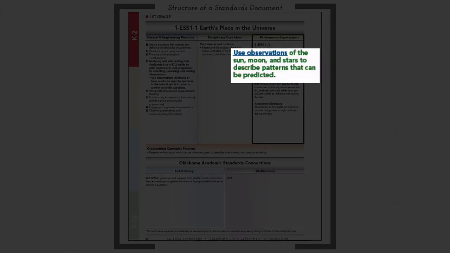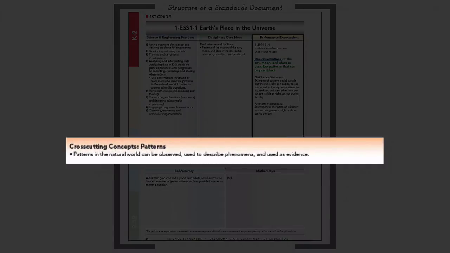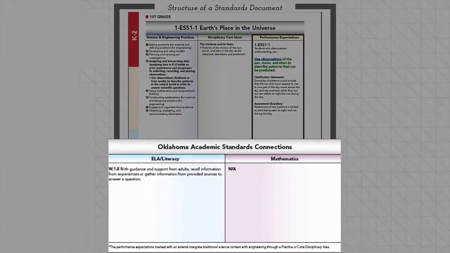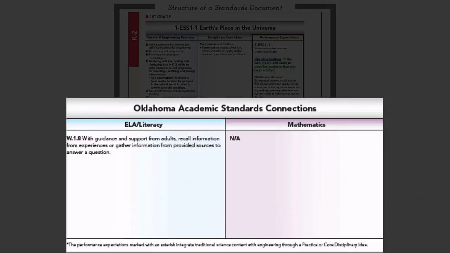We'll move back up to the performance expectation to see that students are expected to describe patterns associated with the sun, moon, and stars. So the cross-cutting concept that is connected to this performance expectation is patterns. Below the cross-cutting concepts, you will see the Oklahoma Academic Standards connections. Where applicable, connections to the English language arts and mathematics standards are provided to better support teachers.